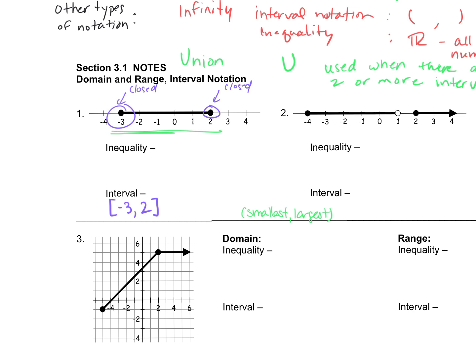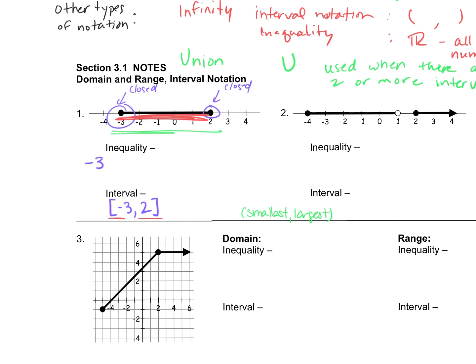Okay. Now to write the inequality, again, I like to write this way because when we write inequality, we write it all together, okay? So I'm going to talk as I write it so we make sure that we understand. You always start with your smallest number first. So it's -3. Now, the way I'm going to write this next symbol is how we write this when it comes to inequalities. There are two numbers here, and all the values we get to use are in between those two numbers.